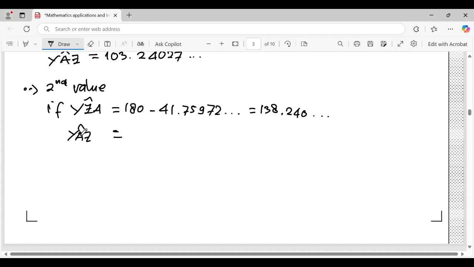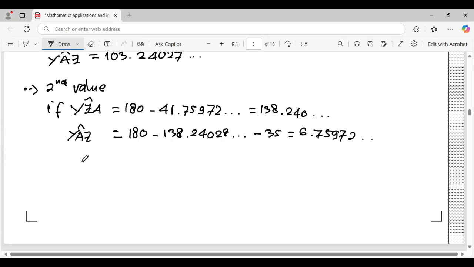So angle YAC equals 180 minus 138.24028 and minus 35 also. It's minus 35, equals 6.75972.